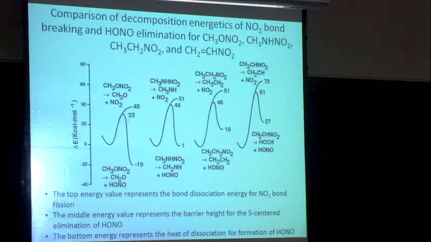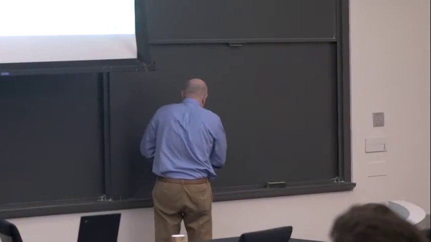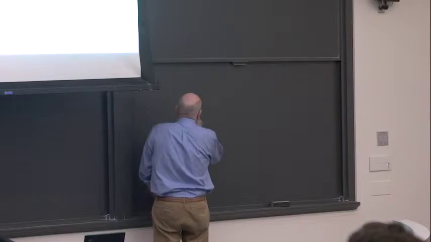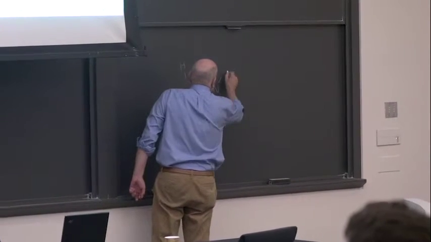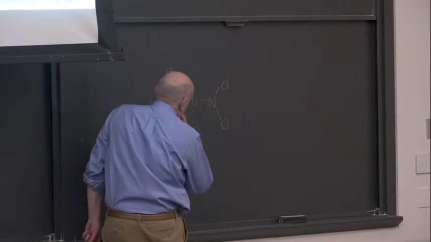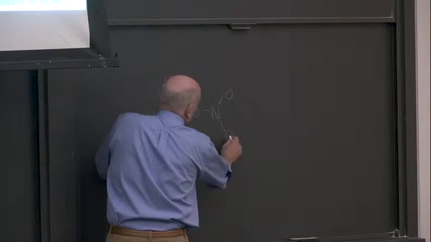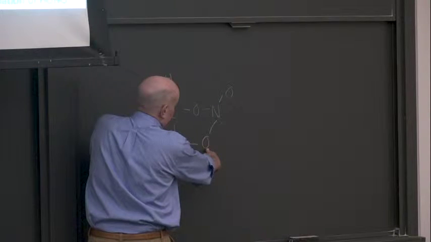What becomes competitive with these simple bond dissociation reactions is this HONO elimination process, where, if I have something like this, I can start making a ring structure where this oxygen starts coming over here, and I start bonding here.